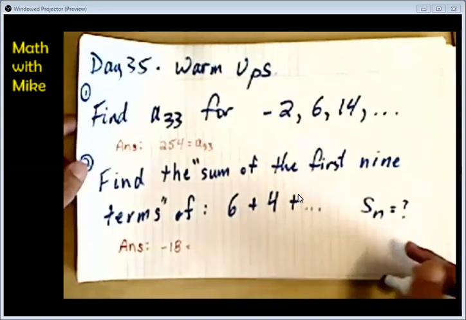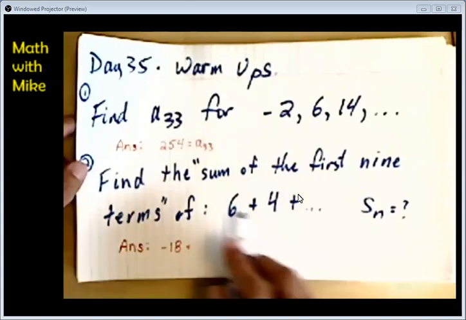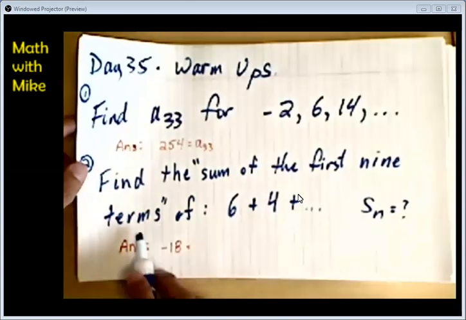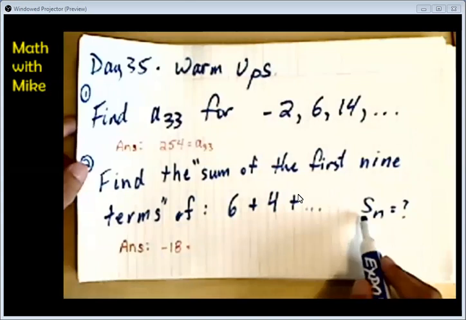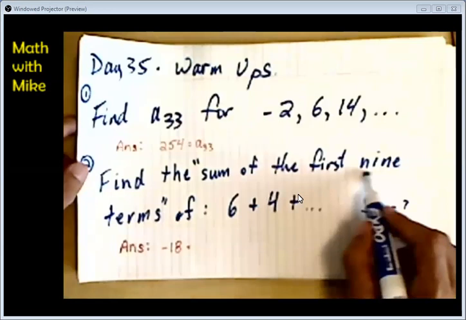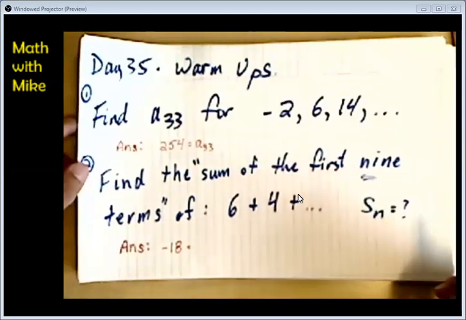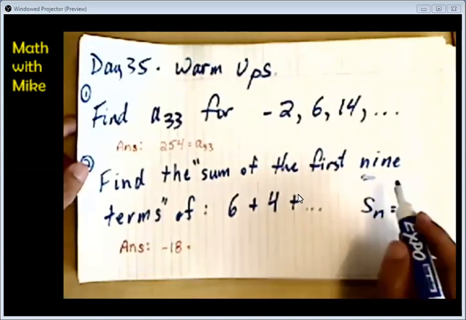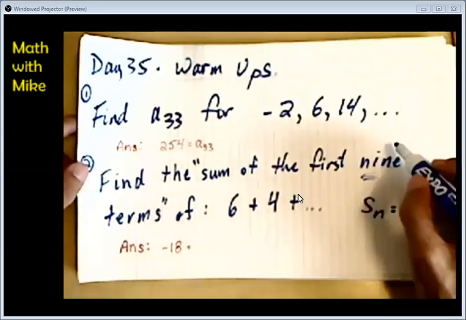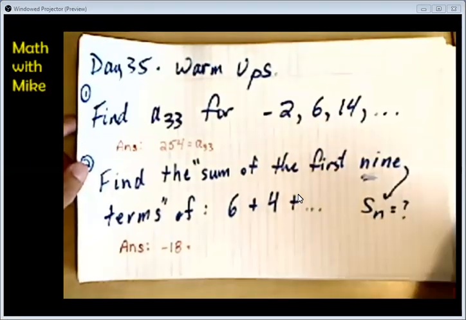Now, that's ahead a couple of steps. The sum of the first 9 terms, right? It's going to have an S in there. But what does the 9 represent? First 9 terms, right? So this will actually be the n value that goes in there.